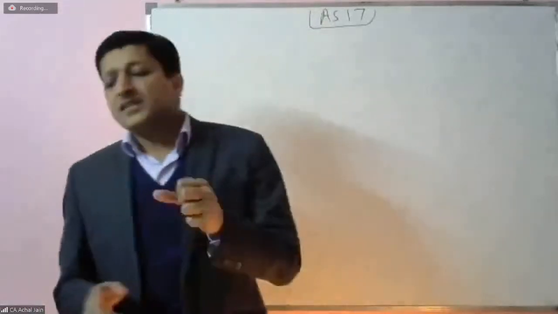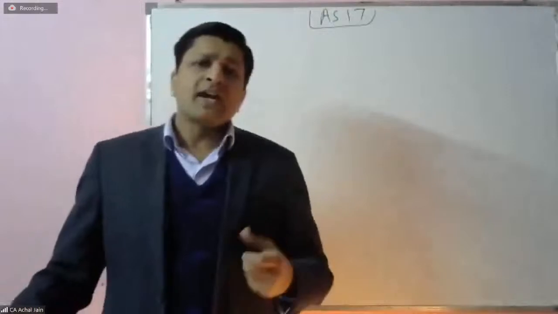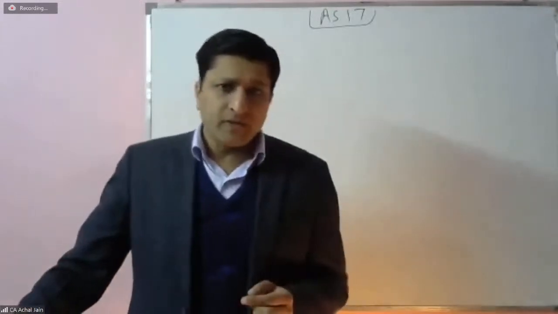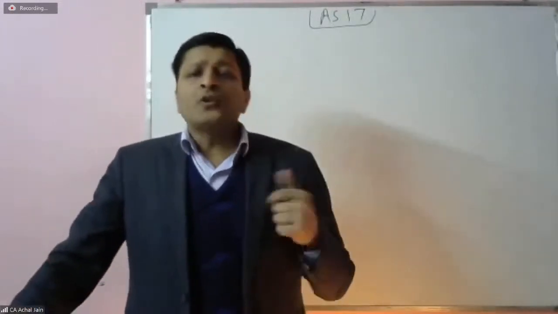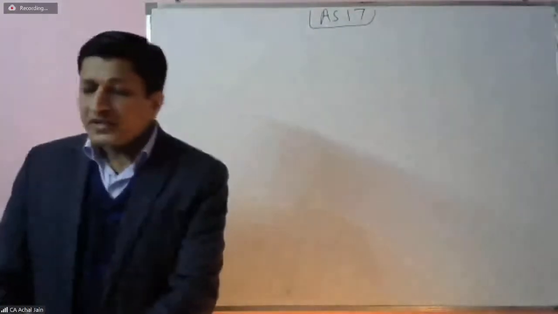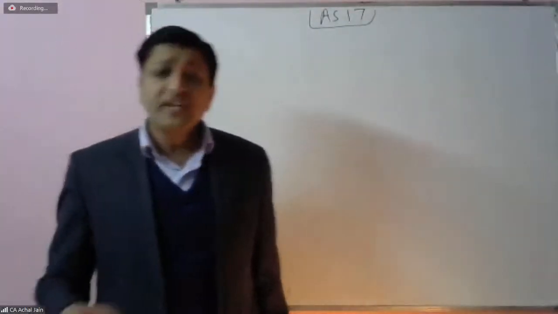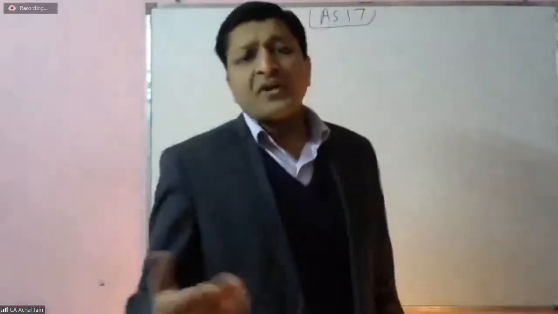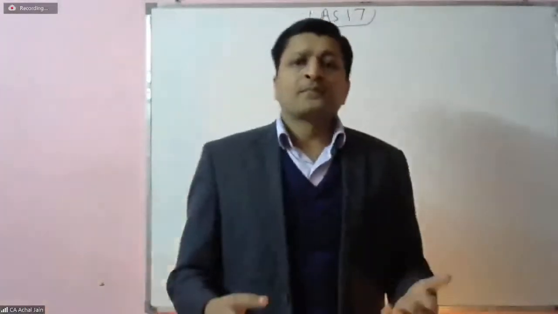Now, as regards these segments, let's understand some of the disclosures which are required to be given. For the users of the financial statements, one of the important disclosures which we can think of is about the financial numbers, isn't it?